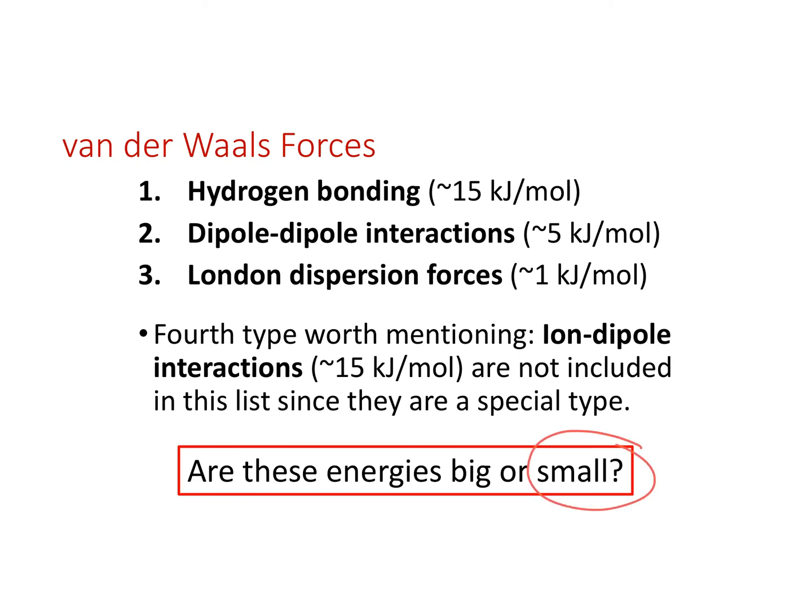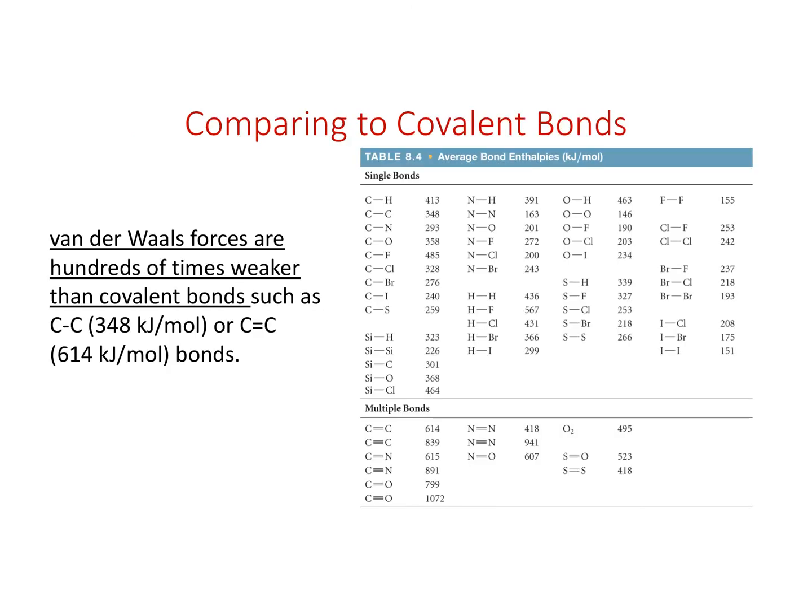And just to show you a comparison to help you see the scale of these energies relative to energies we're used to talking about, the energies of covalent bonds. We're talking about intermolecular forces on the order of 1 to 15 kilojoules per mole. Here are some energies of covalent bonds. A carbon-hydrogen bond is 413 kilojoules per mole.